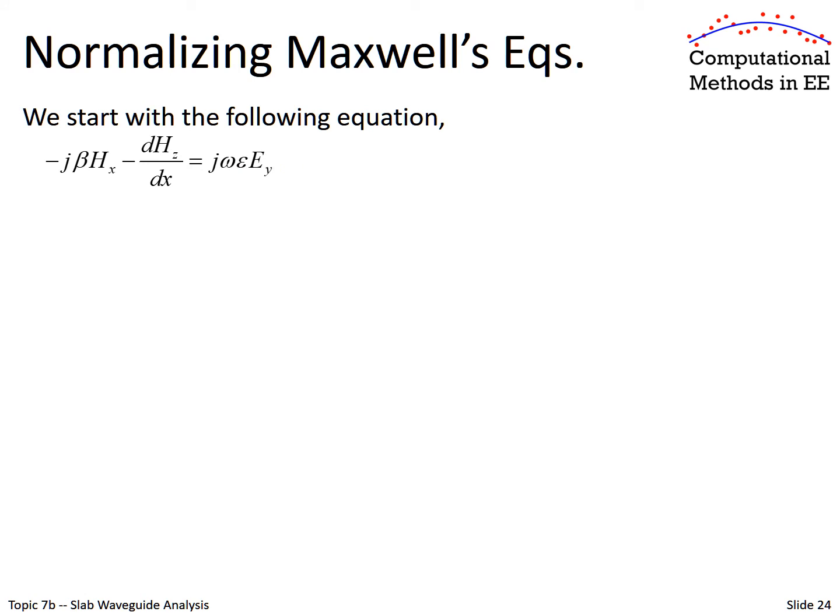Okay, so let's look at one of the equations that we had in our set of 3 for this E mode, and let's normalize the x coordinate. So notice the derivative here. We had an ordinary x. Now we have an x tilde, but we need to divide this x tilde by k naught. Now, since this x tilde is in the denominator, we're multiplying by k naught.